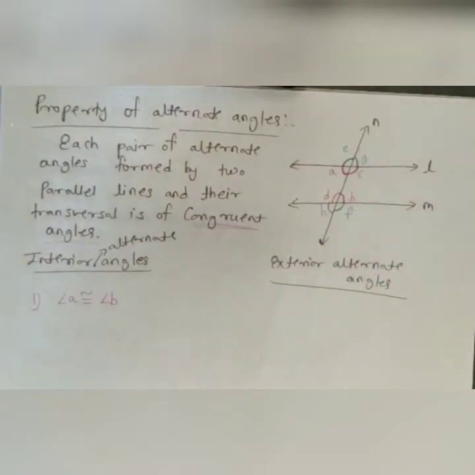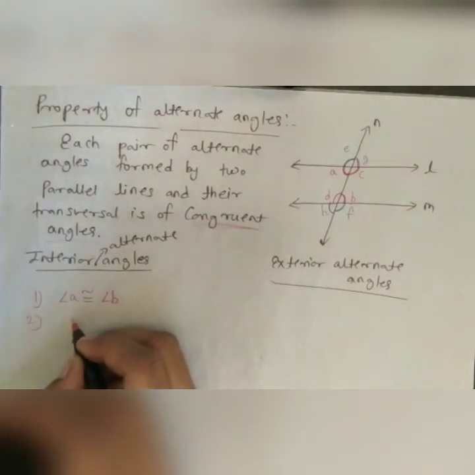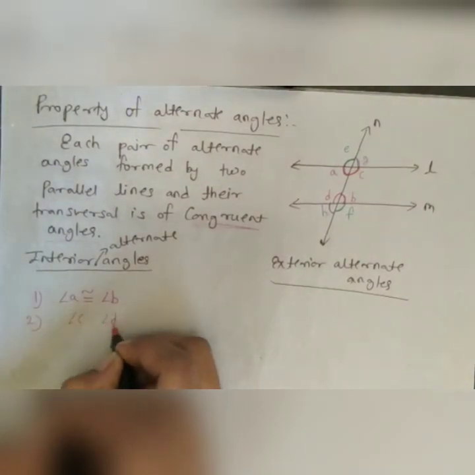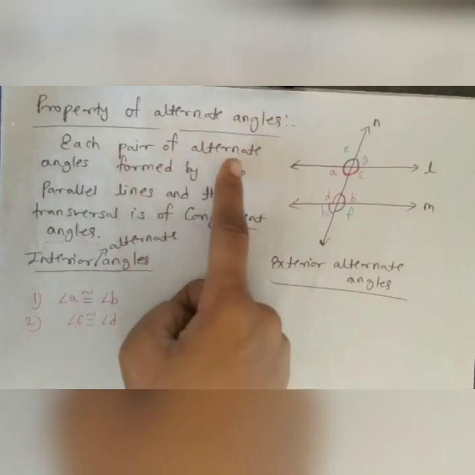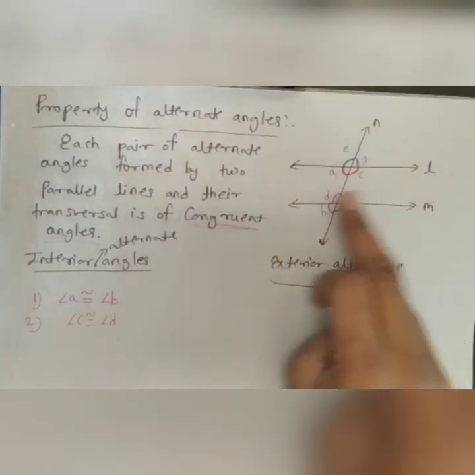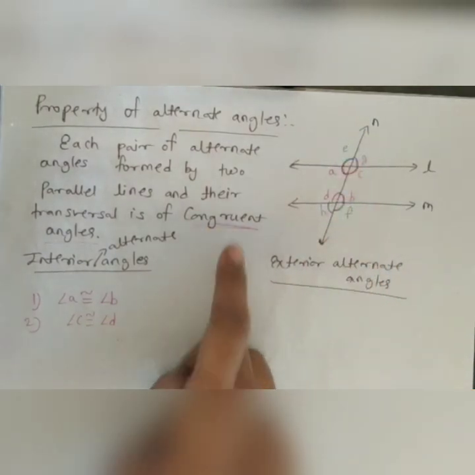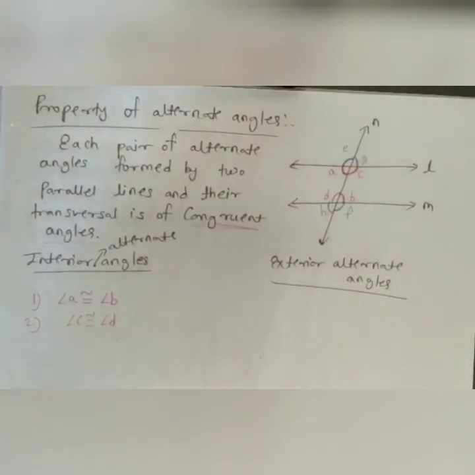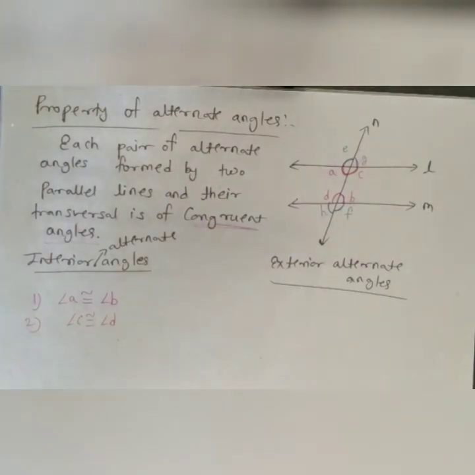And the second pair of interior angles, we have angle C and angle D. They are congruent angles, because our definition is each pair of alternate angles formed by two parallel lines and their transversal is of congruent angles. These are the property of interior alternate angles.